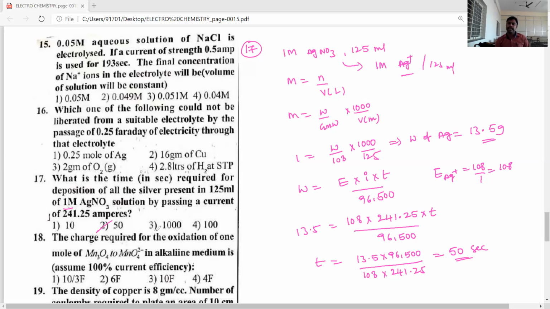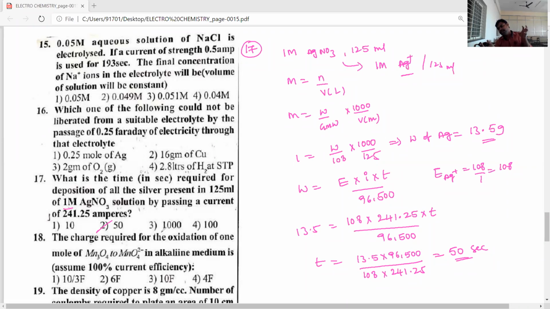See here, indirectly we found the weight of silver. How much weight of silver is deposited was not given, but the solution concentration and volume were given, so from that we found the weight. For deposition of that weight when the current of 241.25 amperes is passing, we calculated the required time. Just 50 seconds is enough.